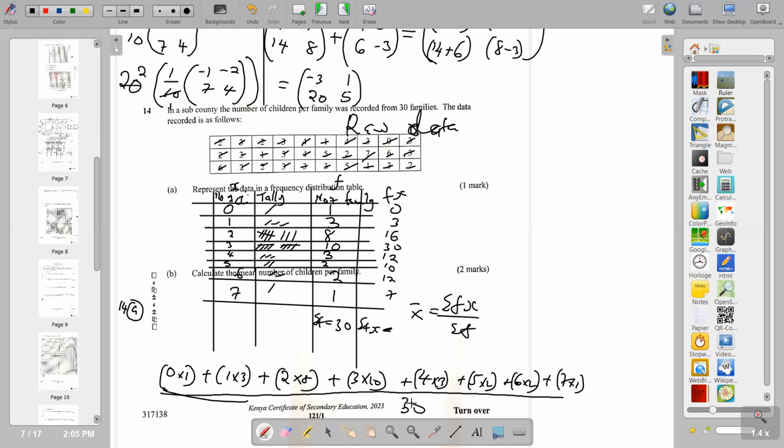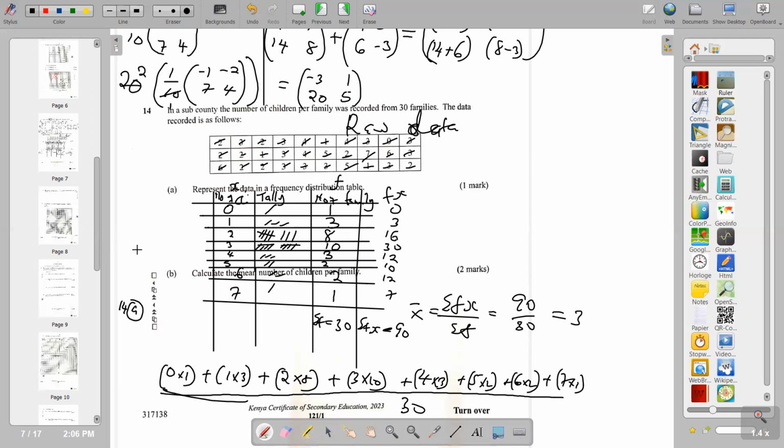You divide by that. So you add all this, and here it is 90. So you get 90 over 30. So you get the answer as 3.